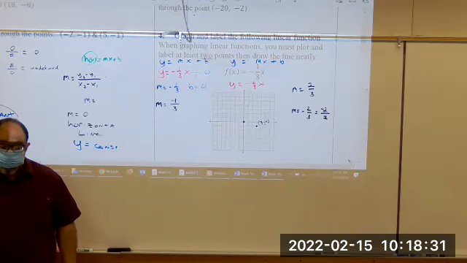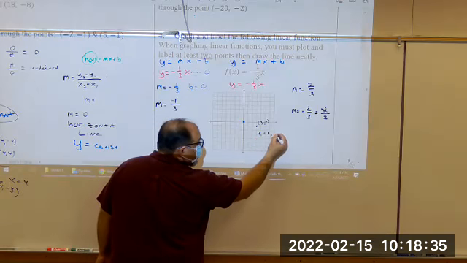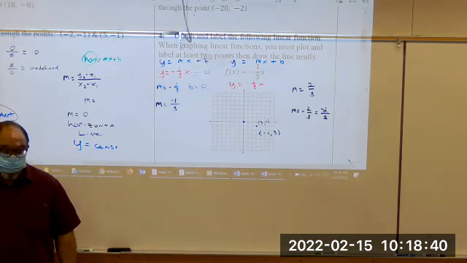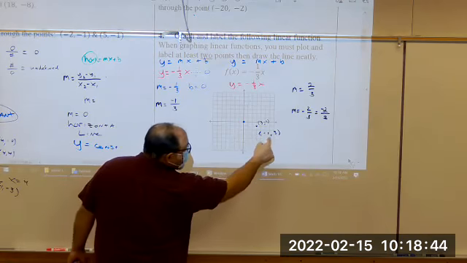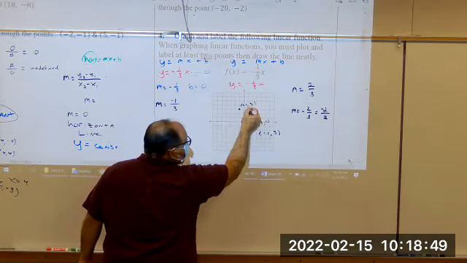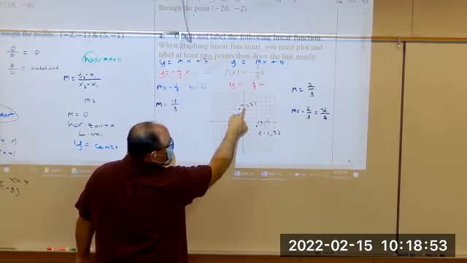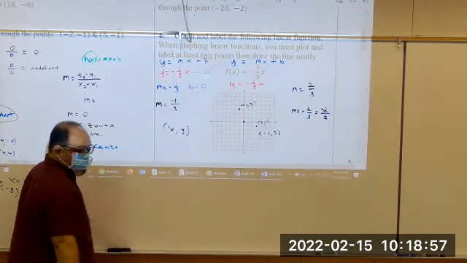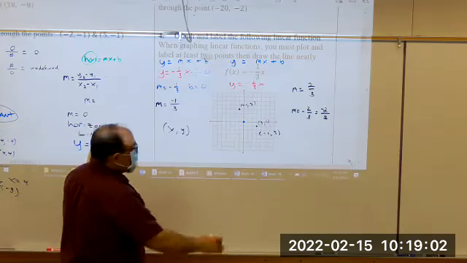You went down 1 and right 3, so they put -1 first and then 3, because you went down 1 first. But remember, in an ordered pair, the x is always before the y. So when you label it, it's got to be x and then y.